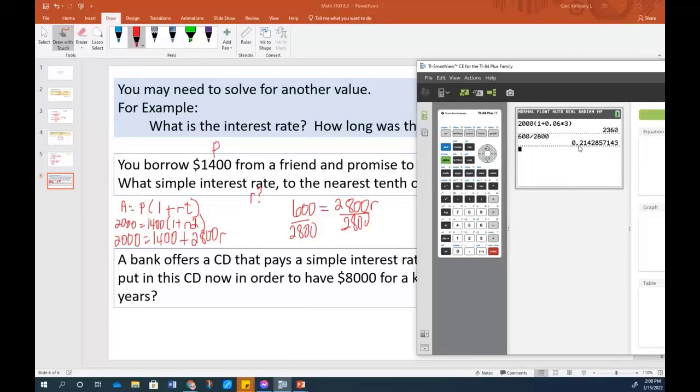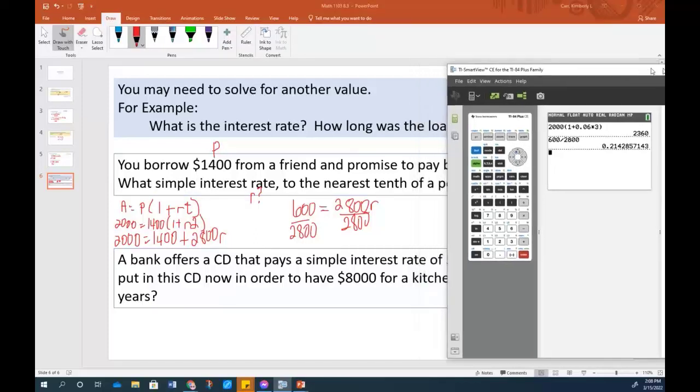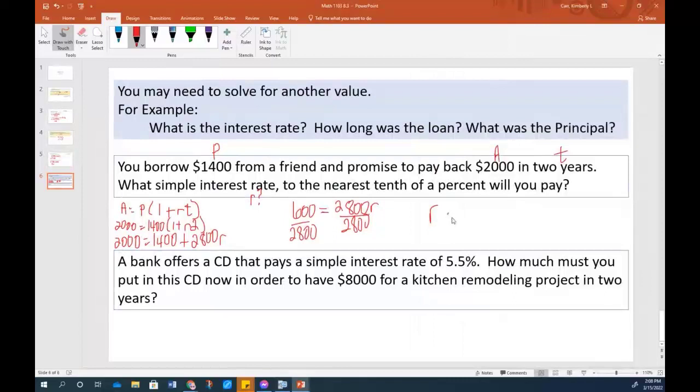Now right now, I'm going to write down several of those decimal places, so 0.2142. So R is 0.2142, and those numbers kept going.